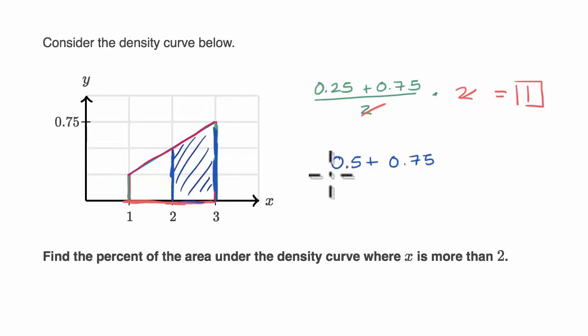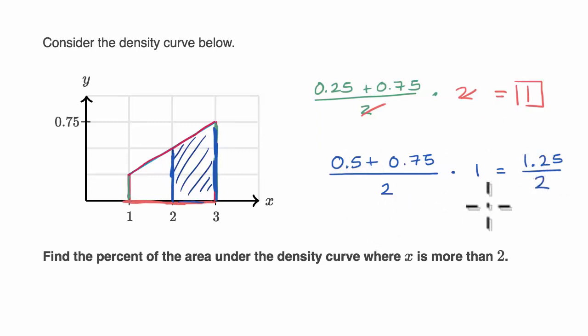And we're going to take the average of that, divided by 2, times the base. Well, the base going from 2 to 3 is equal to 1. So times 1. And so this is going to give us 1.25 over 2.